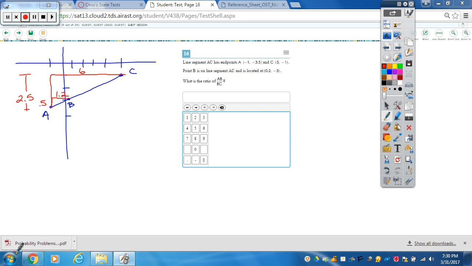Now, what's interesting about this is you don't have to actually figure out the distances here, even though you think you do. So AB, oh, maybe I do. Hold on. I almost told you wrong. AB to BC.